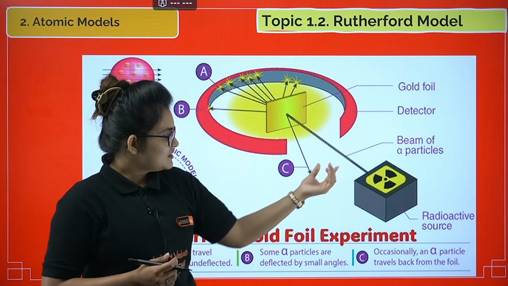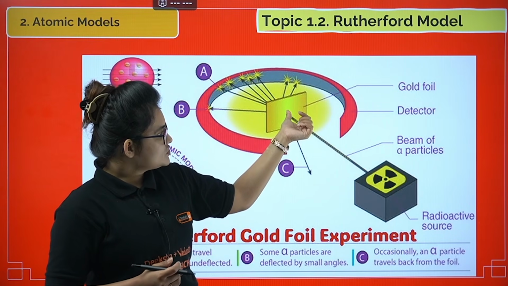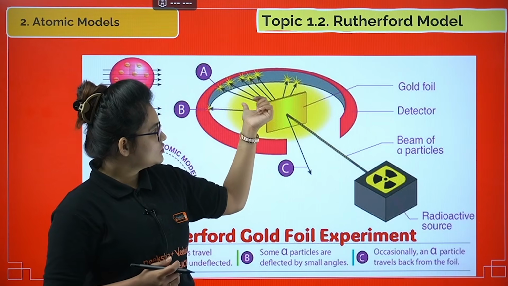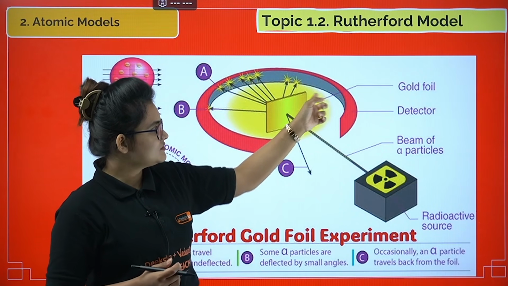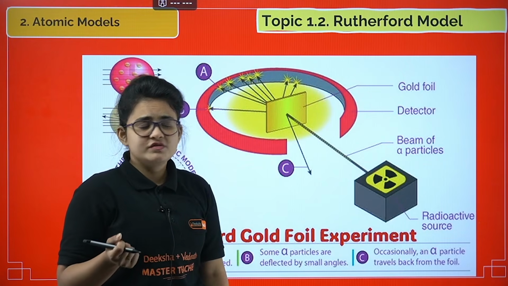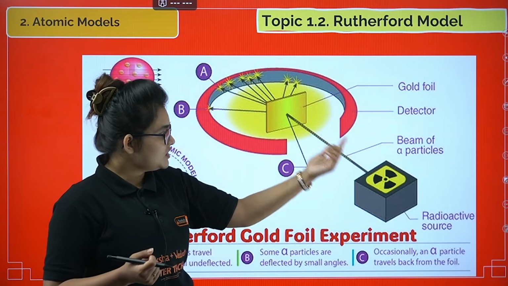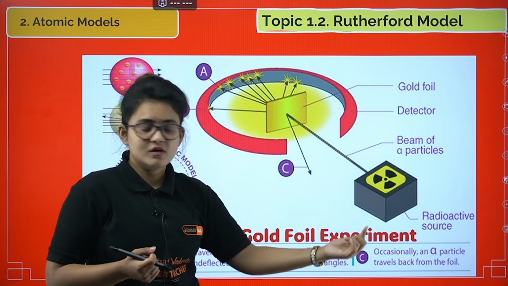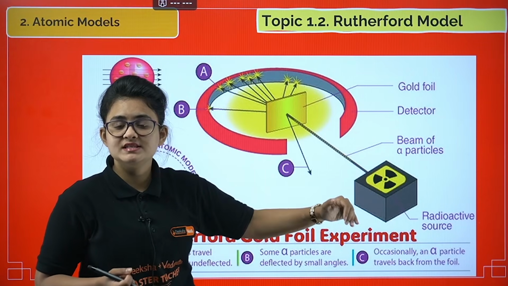He started the beam and saw that most of the alpha particles passed through the gold foil, and we can see the blinks in several places. But it was also observed that one particle's trajectory was actually 180 degrees back: the path it took to hit the gold foil, in the same path it came back.